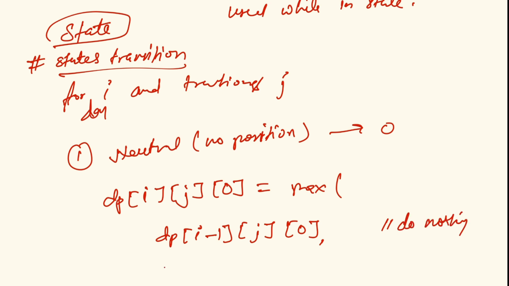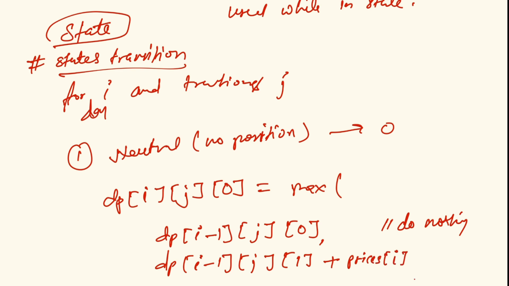You understand DP and the DP transition, that is what I'm talking about. Then there will be dp at I minus 1, j, and state 1, since states 0, 1 and 2 exist. When we are selling a long, there will be plus the price at I; we can comment this as selling a long transaction.